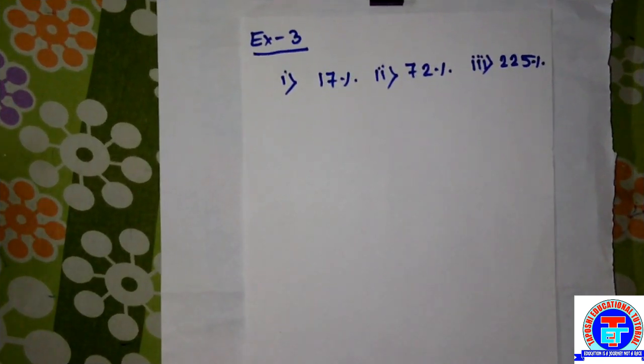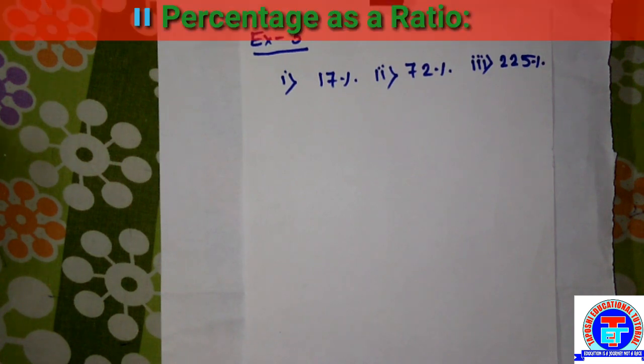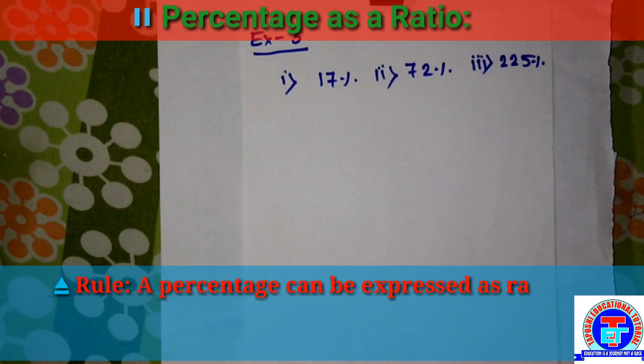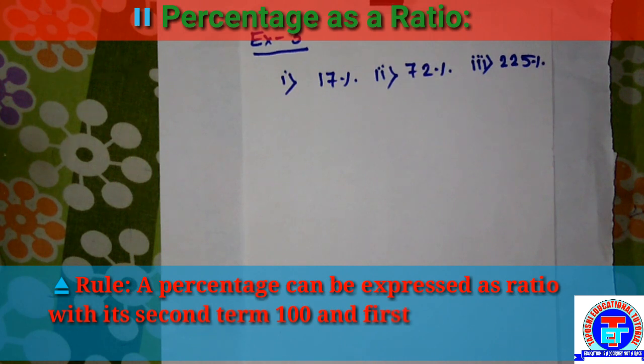Now, my dear student, here I am going to explain percentage as a ratio. A percentage can be expressed as a ratio with its second term 100 and first term equal to the given percentage. Here example number 3: express each of the following as a ratio.